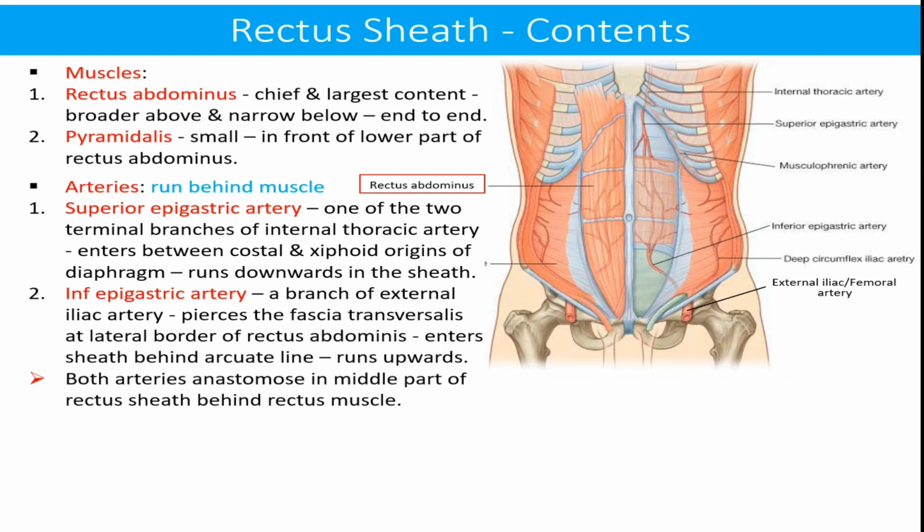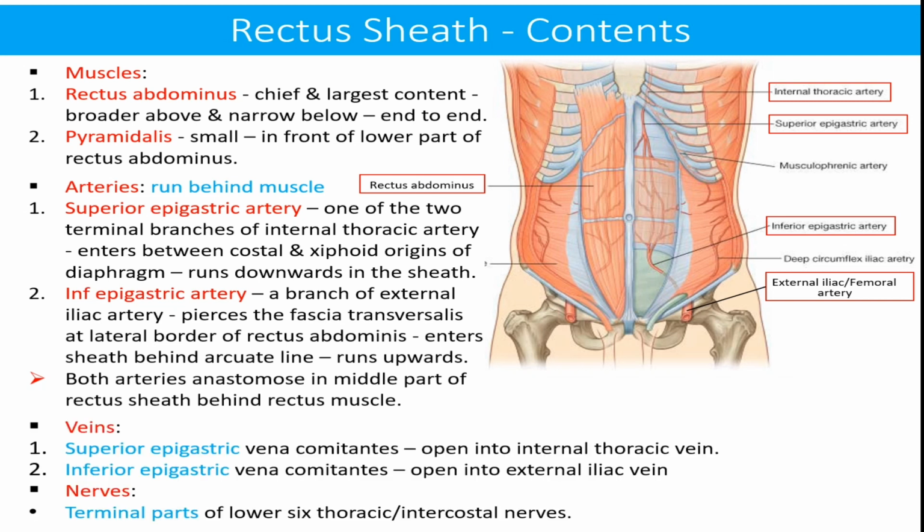Second is inferior epigastric artery, a branch of external iliac artery. It pierces fascia transversalis at lateral border of rectus abdominis, enters sheath behind the arcuate line, runs upward. Both arteries anastomose in middle part of the rectus sheath behind rectus abdominis muscle.